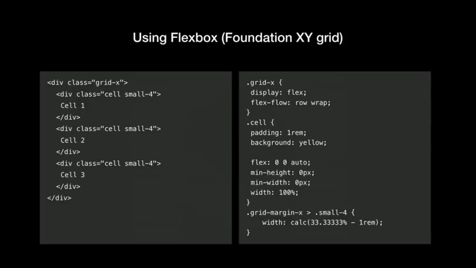Then we're setting some paddings on the individual cells. And then we've set a width. So if you look at the bottom few rows there, we're setting the width to 33.33%, and then subtracting the paddings.